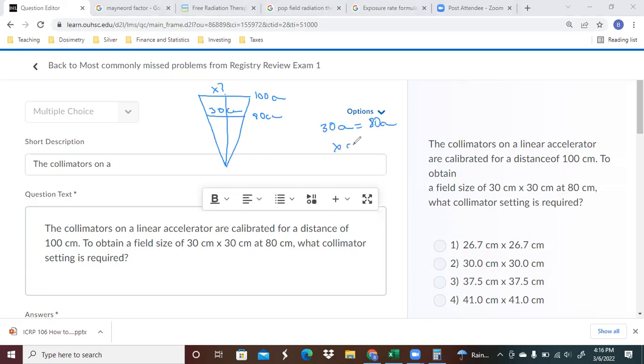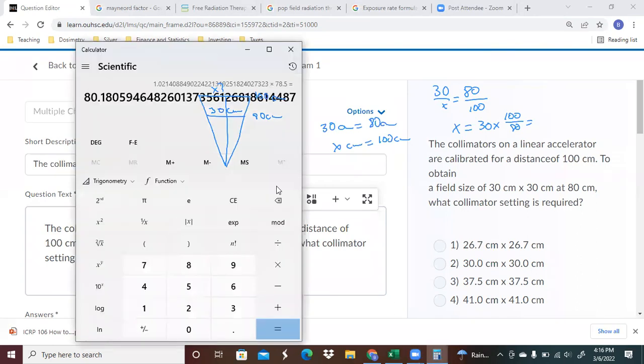I don't know how many cm I have at 100. So I know 30 divided by x is going to be equal to 80 over 100. Doing cross multiplication, I come up with x is equal to 30 times 100 over 80. So I come up with 37 and a half.